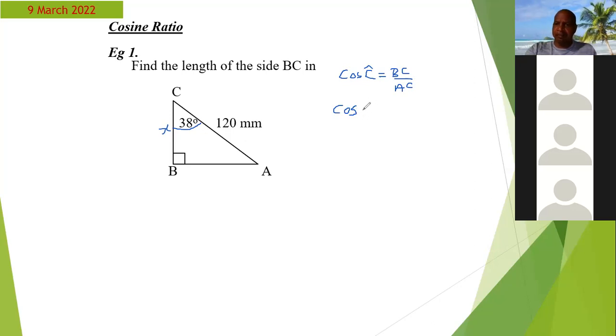Writing with the mouse is not the most comfortable thing. So it's cosine 38 degrees, and that would be equal to which side over which side now, Mr. Lamar? X over 120.